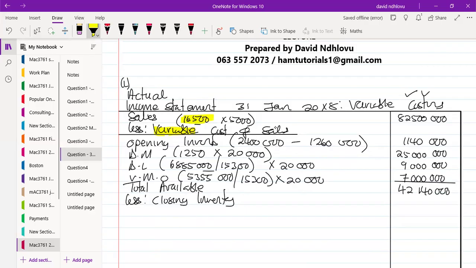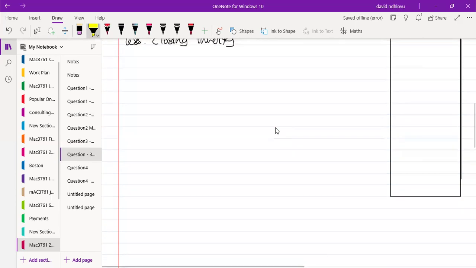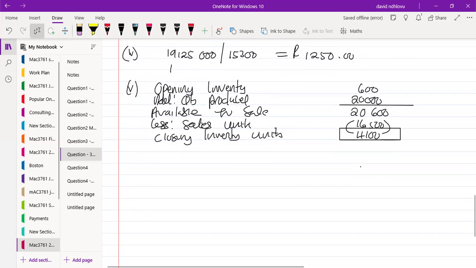So what it means when I now deal with closing inventory, with the 4.1 units that I have in closing inventory, these units don't contain any residual of the units that we had in opening inventory. The opening inventory has been completely sold. So in our calculation of closing inventory, we cannot be affected by the cost of opening inventory.